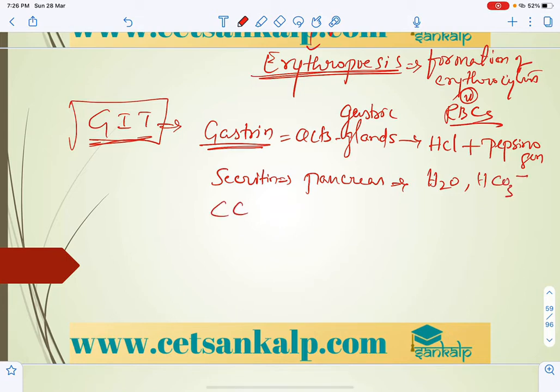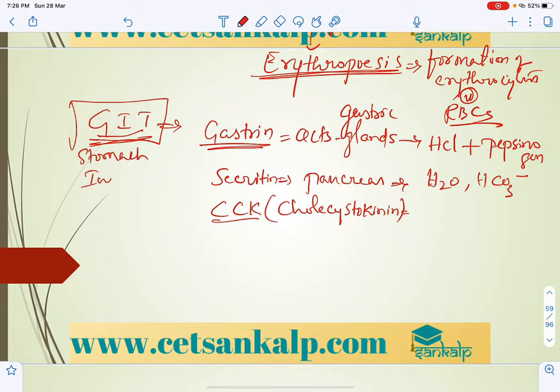And cholecystokinin, CCK, is the hormone produced by the digestive tract, that is the gastrointestinal tract, both stomach and intestine.